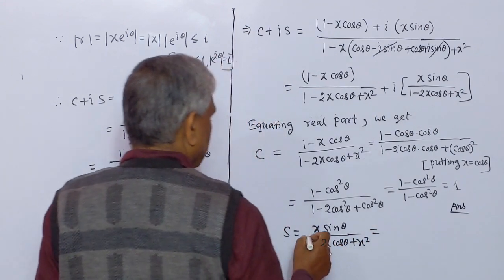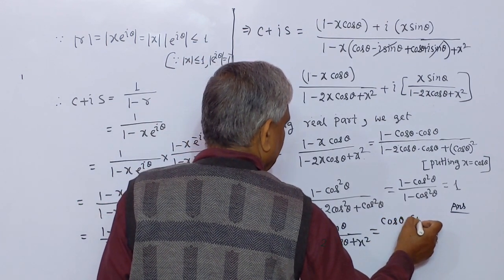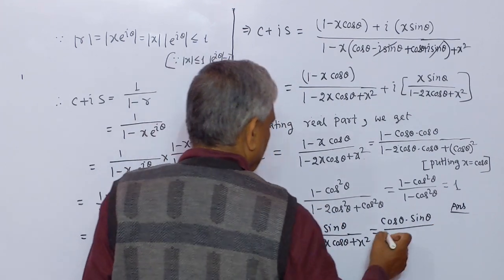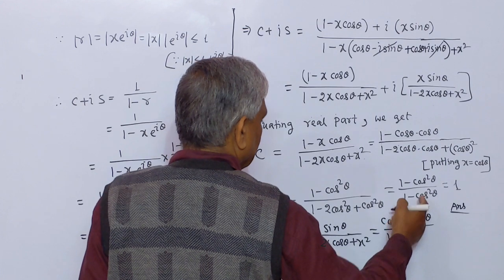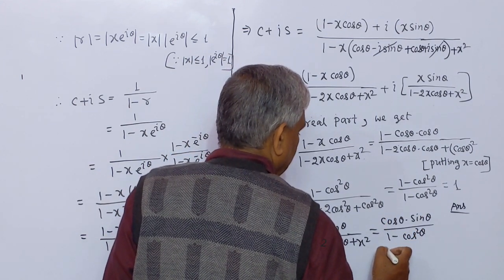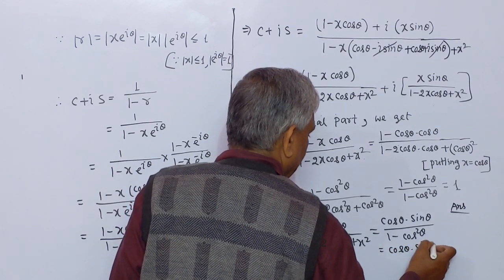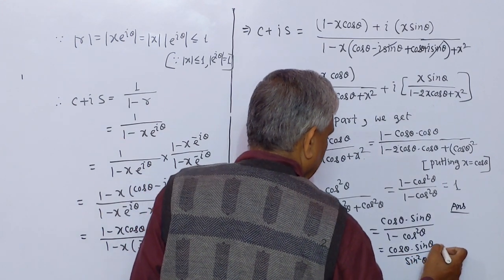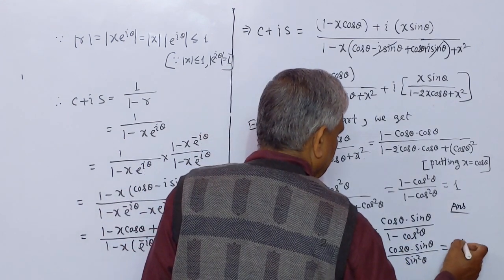Here x means cos theta multiply sin theta by 1 minus, the denominator is cos square theta, and this will be cos theta sin theta by sin square theta. This will be sin theta, one sin theta cancels, cot theta.